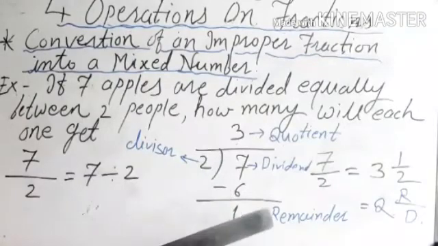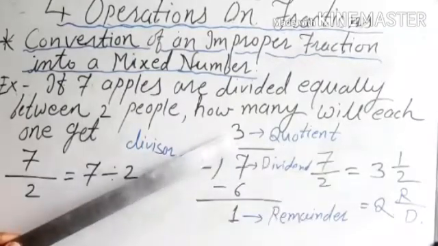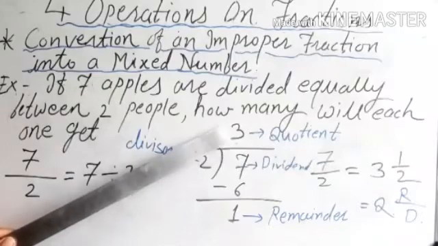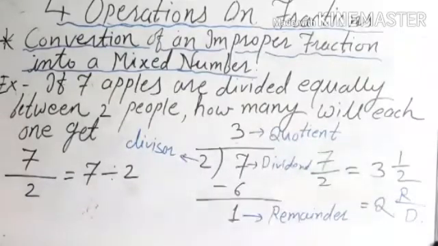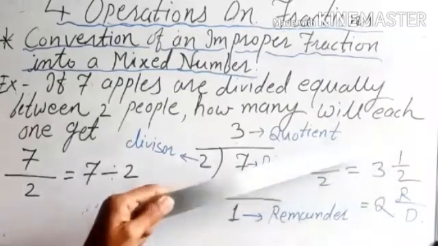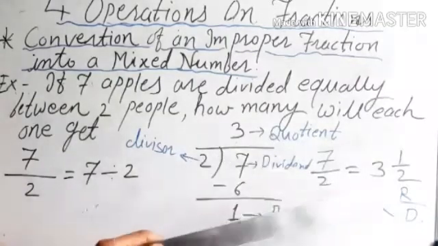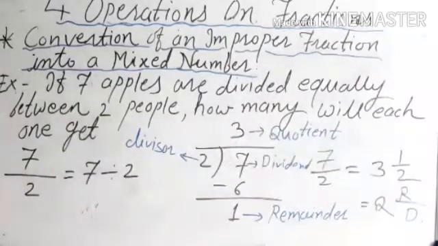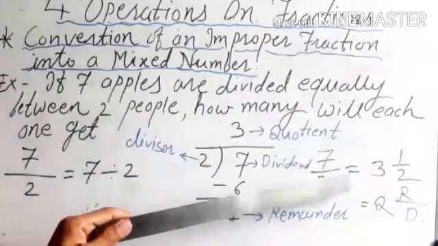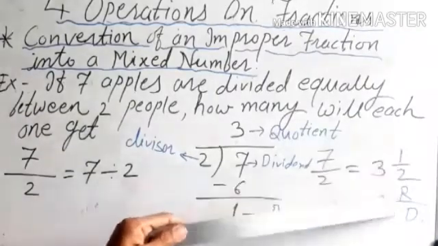So see again how I divided and how I wrote it as a mixed fraction. We started with the quotient. The quotient will be the integral part, then the remainder will be the numerator and the divisor will be the denominator. So 7 upon 2 is equal to 3 and 1 upon 2.